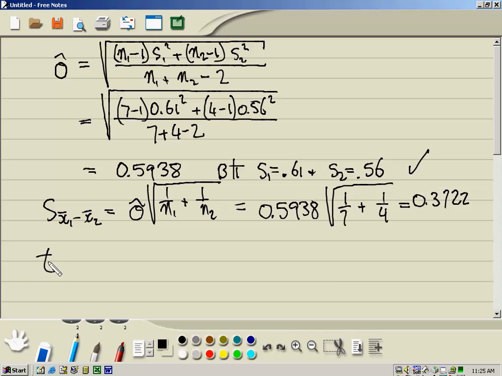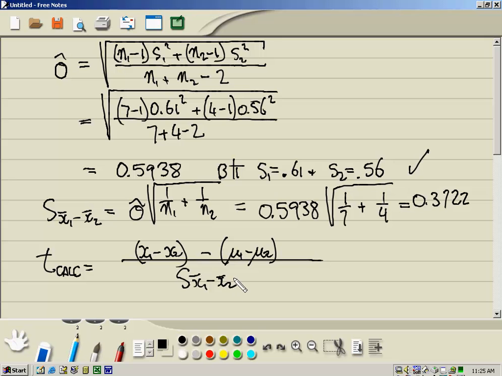And now we're finally ready for the T-calc, which is the sample difference, x bar 1 minus x bar 2, minus the hypothesized difference, mu1 minus mu2, divided by the standard deviation, S of x bar 1 minus x bar 2.